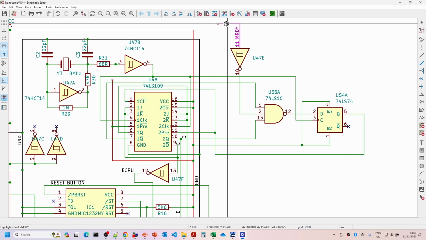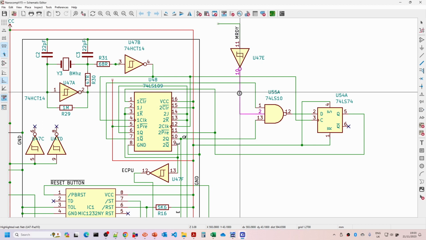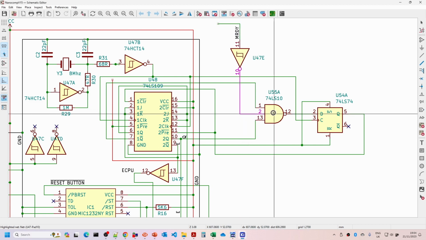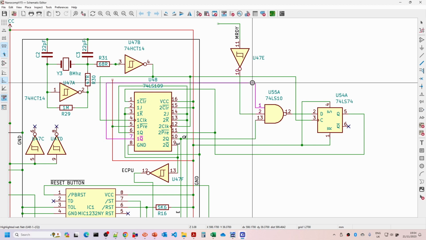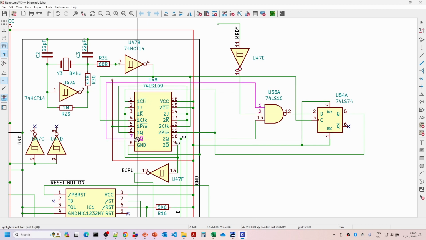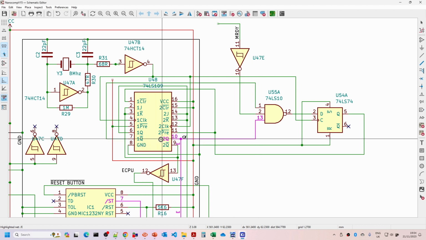Then the MRDY signal comes in here, so when it's low it's going to extend the cycles, and then we've got this three-way NAND gate coming in from the inverted Q signal from flip-flop 1 and going to the normal Q signal for flip-flop 2.